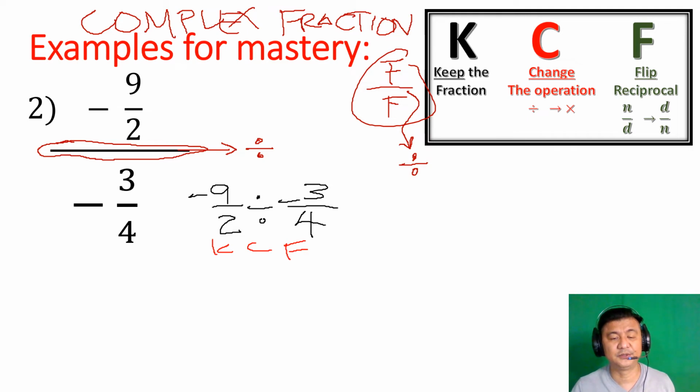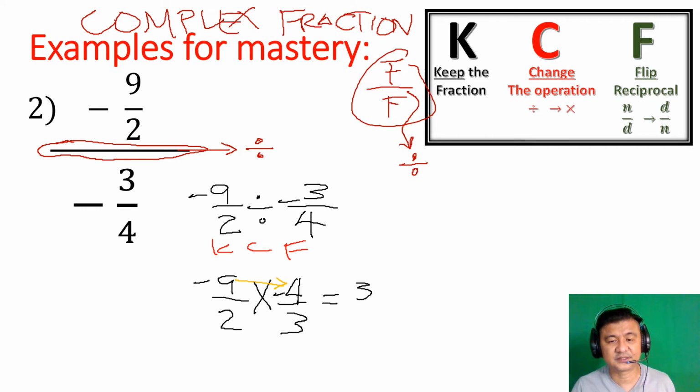So now I could do keep the negative 9 halves, change the division to a times, flip now, look at my finger, 4 over 3. But there's a negative there. All right, so now the easy way to multiply, of course, is 9 times 4 is 36. Okay, and 2 times 3 is a 6.